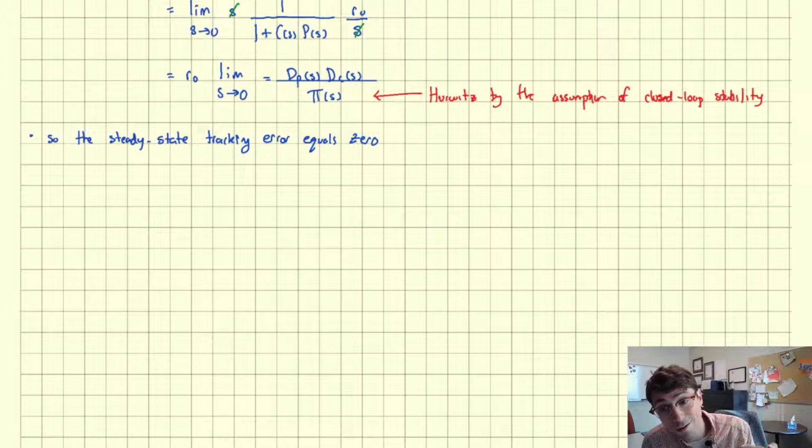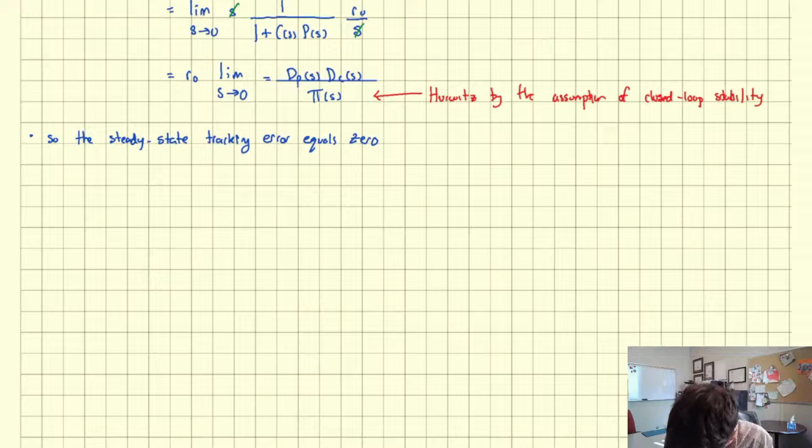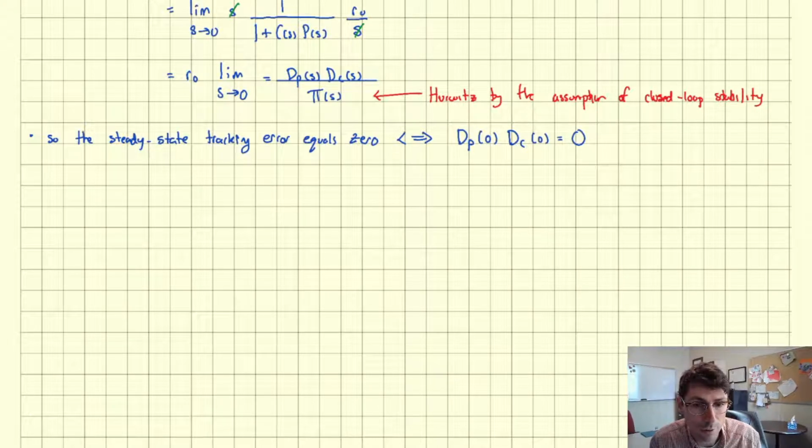In other words, our room temperature reaches the value that you programmed into your thermostat, if and only if that numerator goes to 0.